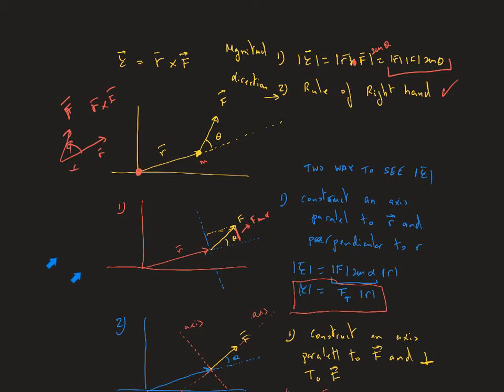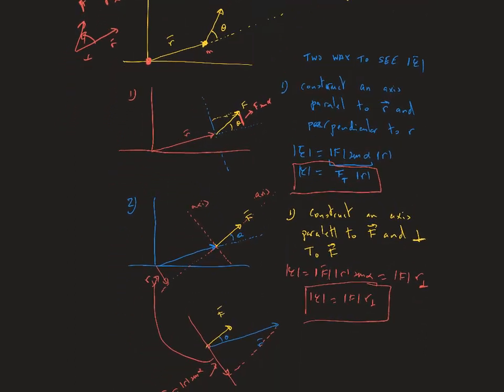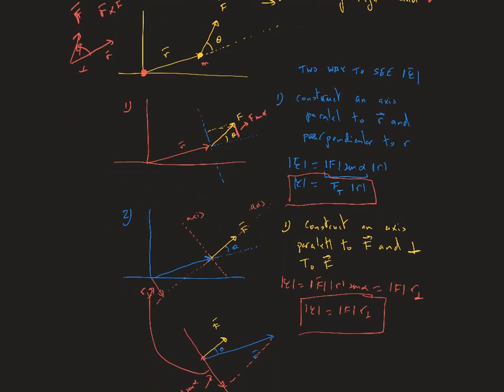The second way to visualize the cross product is like this. Construct two axes again, but now instead of one parallel to R and another perpendicular to R, construct one axis parallel to F and another one perpendicular to F. So what is the magnitude of F by R by sine of alpha?